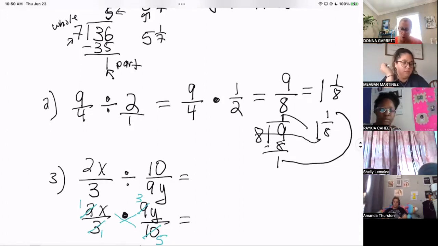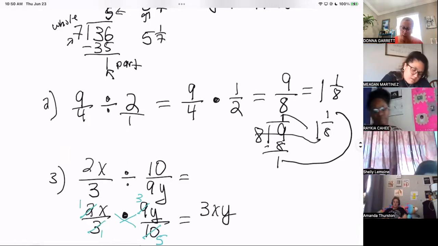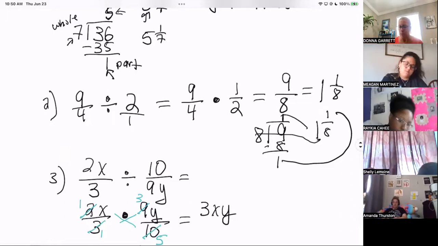So I have 1x times 3y. Okay, so an x times a y is just an x times a y. That's all it is. So it's just 3xy. That means all multiplying: 3 times x times y. I don't think we have done something like that before, but they just multiply together, it's just 3xy.